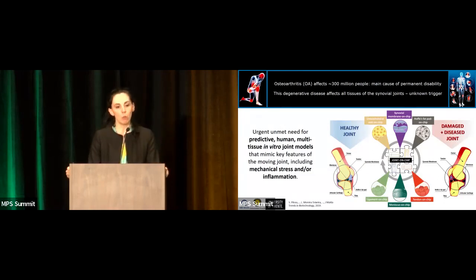So the idea here was to couple these tissues in a joint-on-chip model: taking, for example, the osteochondral unit, the synovial unit, and the fat pad, putting all these tissues together to recreate the joint, and also adding mechanical stress to simulate, for example, movement or harsh movements that would aggravate the disease progression.